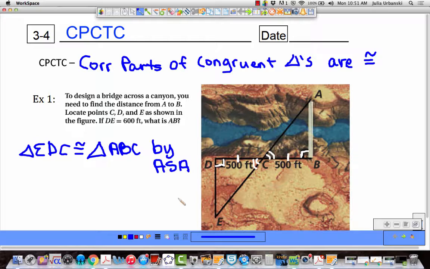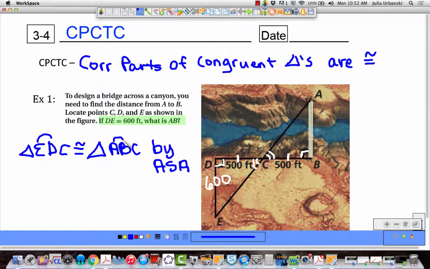So now they ask us a question. If DE is equal to 600 feet, find out what AB is. So if we look at our picture, we know that DE is 600, but according to our picture and according to our words right here, DE goes with which one? AB.